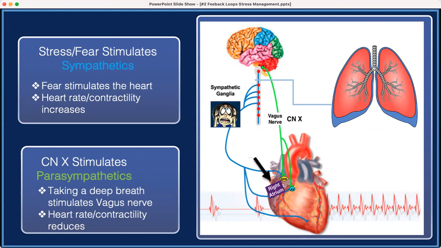When you take a big deep breath and get into these postures, you stimulate the vagus nerve, cranial nerve 10. The vagus nerve innervates the sinoatrial node and the AV node, and slows down heart rate and contractility. So notice the heart rate increases with the sympathetic nervous system and decreases with the parasympathetic nervous system.